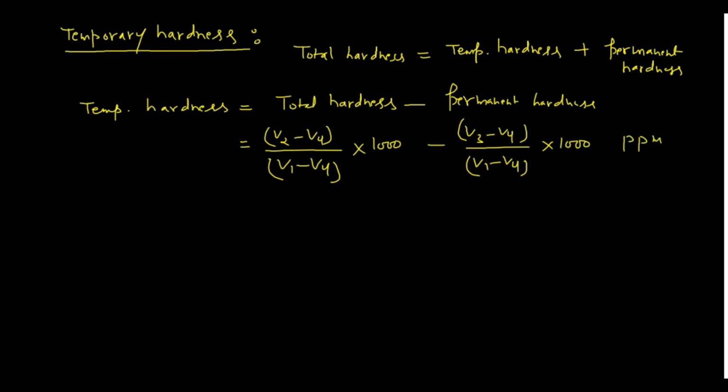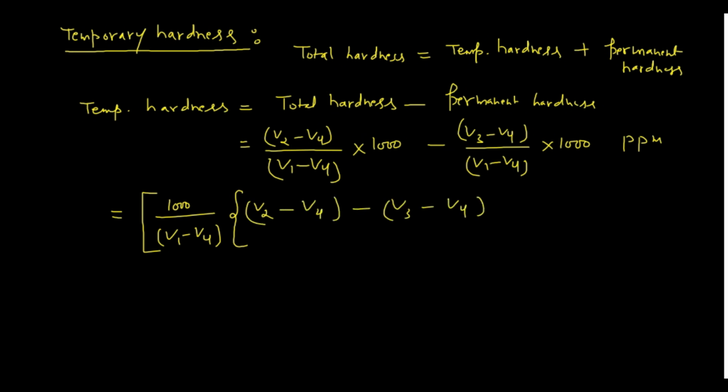If I solve this particular expression, you see this 1000 and V1 minus V4 is common. So I took 1000 over V1 minus V4 common here. Then I need to incorporate another bracket. Now I am left with V2 minus V4 minus V3 minus V4, and this much of ppm.